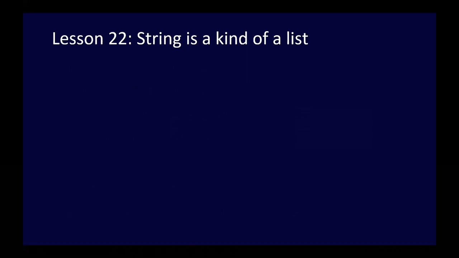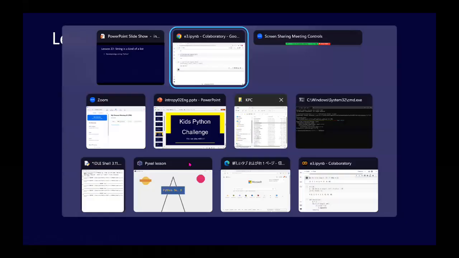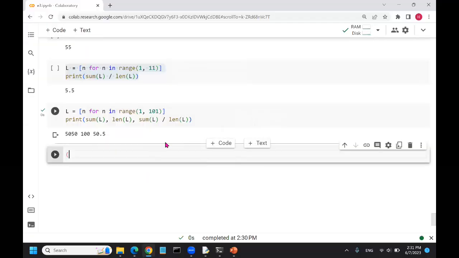Today's topic: a string is a kind of list. You know what a string is? We've been using strings all of the time. So for example, you know that we can make a string like Python.